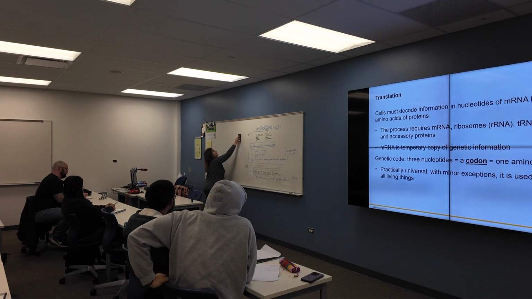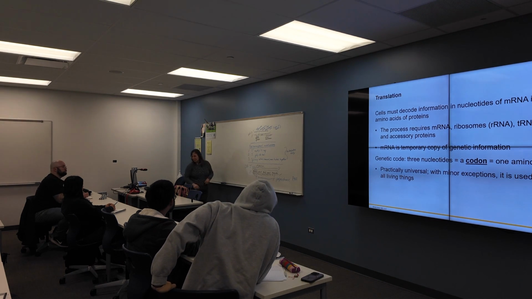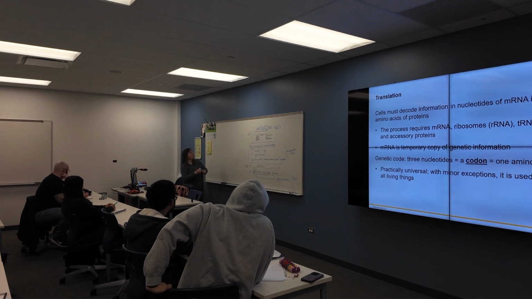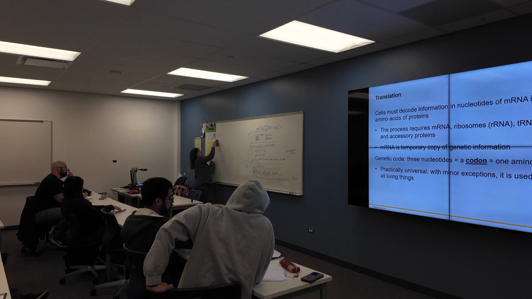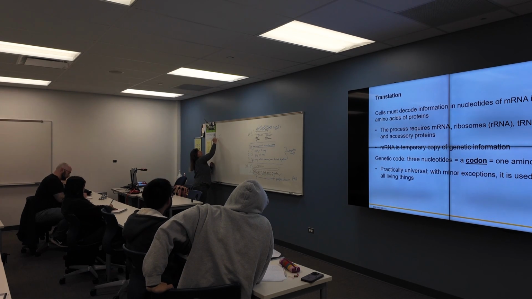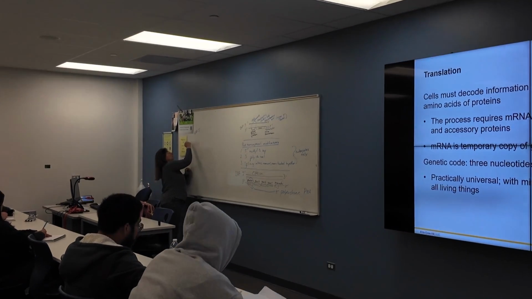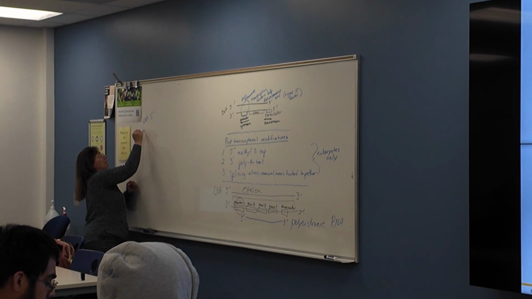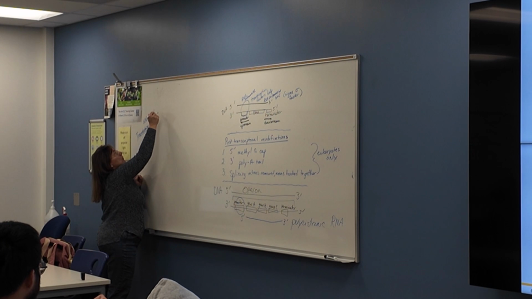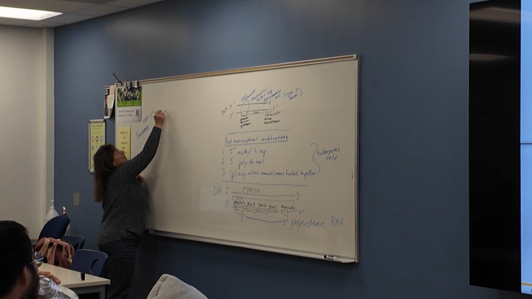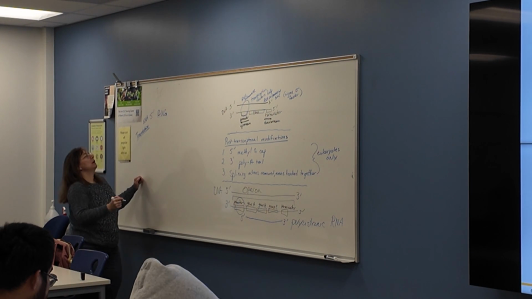But let's just start with an RNA sequence. We've already done transcription. This is going to be RNA, and we're going to do translation. We're going to start with AUG. If you don't know why, we'll talk about it in a minute.